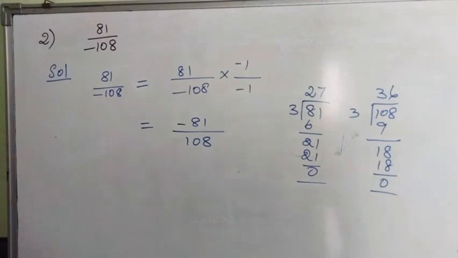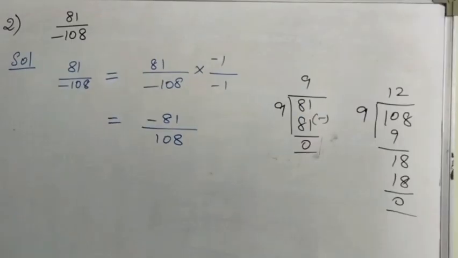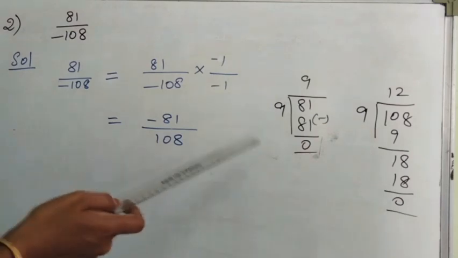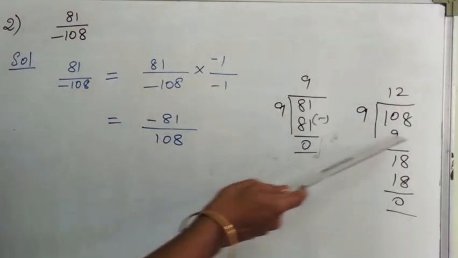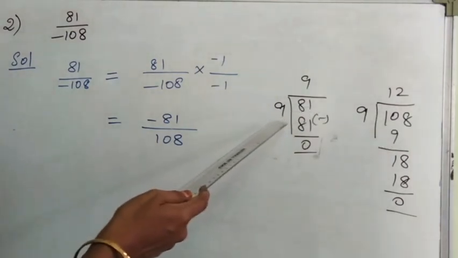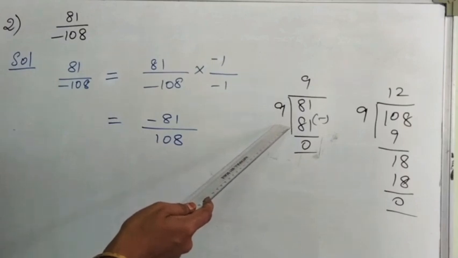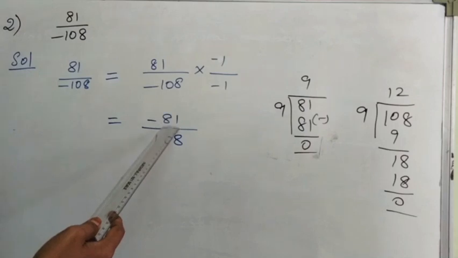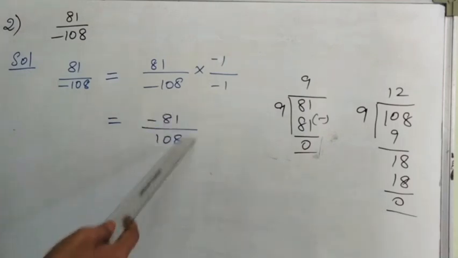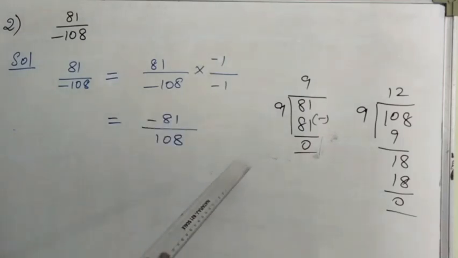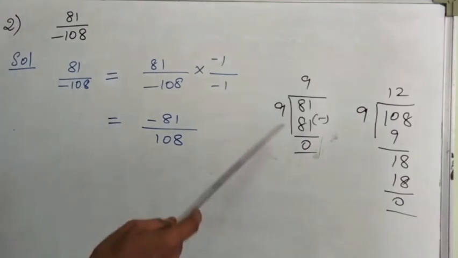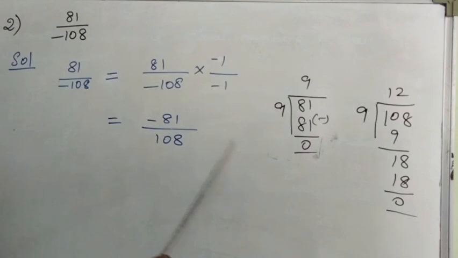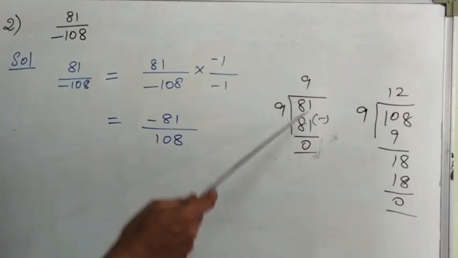Okay, and see the next step, 81 and 108 are also divisible in the 9 table. Okay, so whatever the possibilities are, for the common factor of the denominator and numerator, you have to take the number. 3 is correct and 9 is also correct. You can take any one first. So we have to take 9 first.